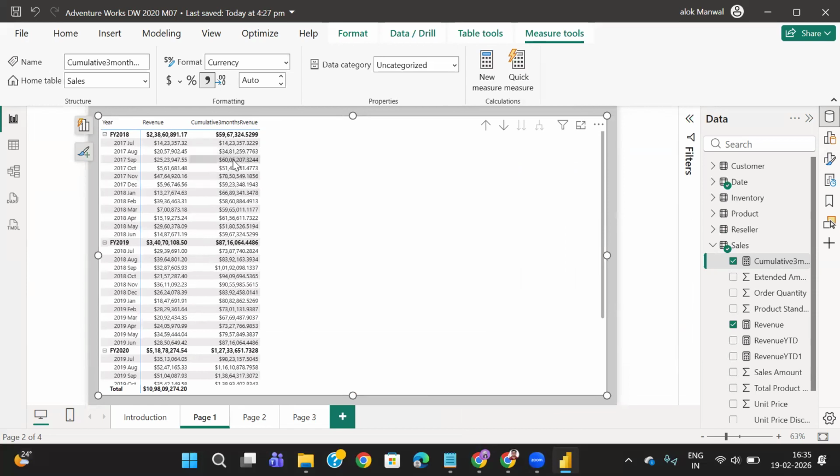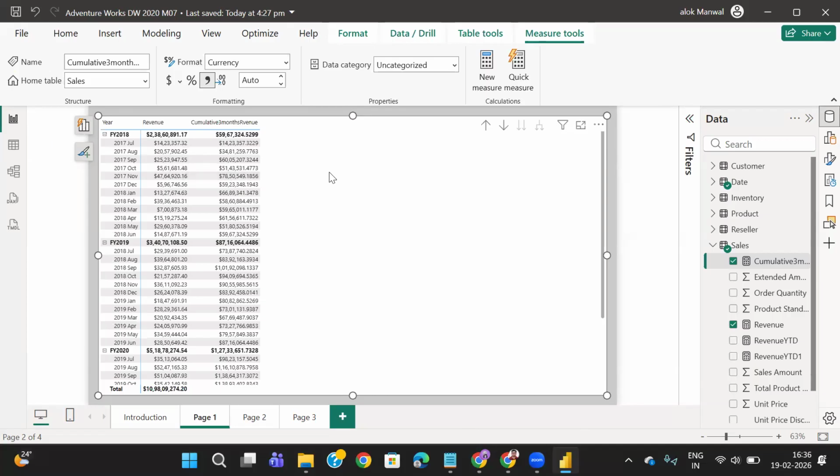Now when it comes to October, it will take August plus September plus October and give me the result. When it comes to November, it will do September plus October plus November. Then it will give me the number. So that's how the cumulative works.